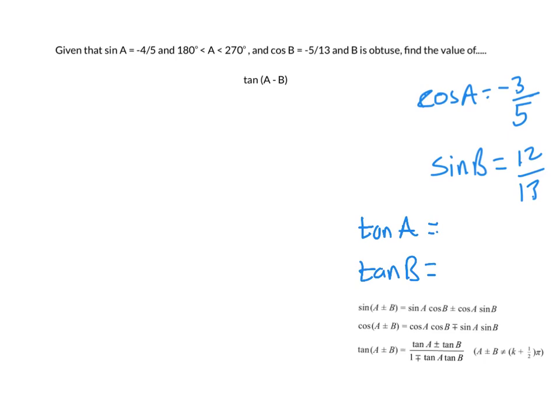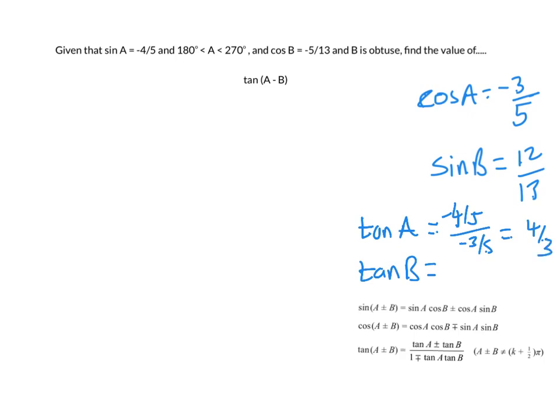So tan A would be sine A, which is negative 4/5, divided by cos A, which we worked out as negative 3/5. So that gives me 4/3.